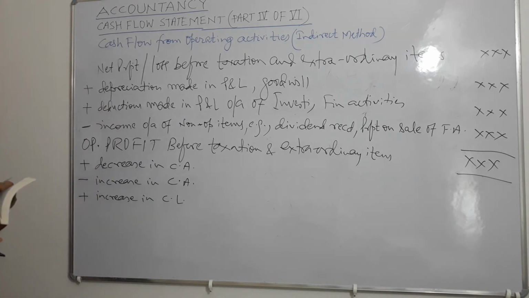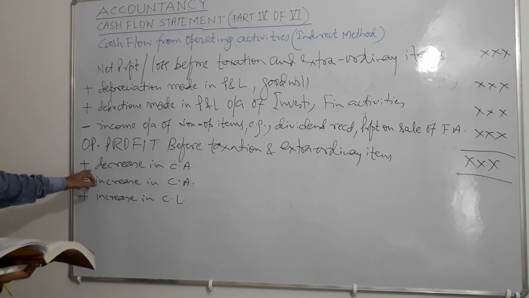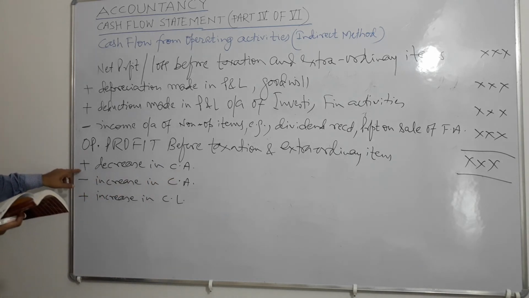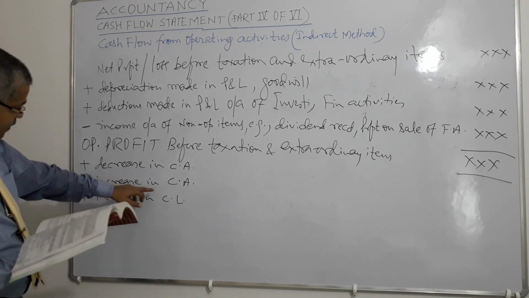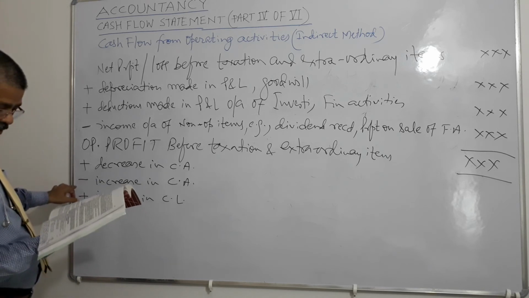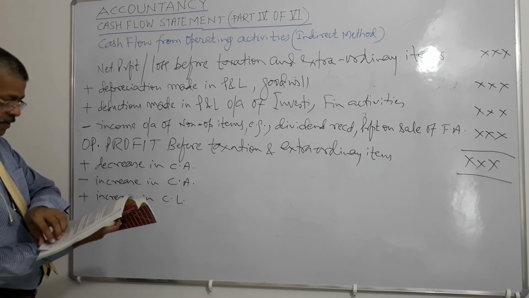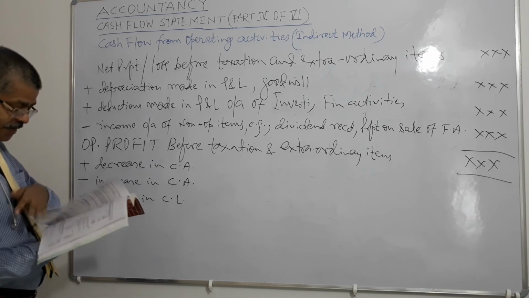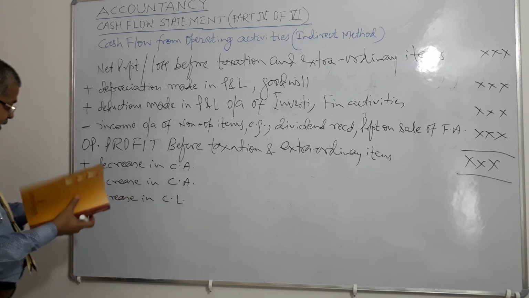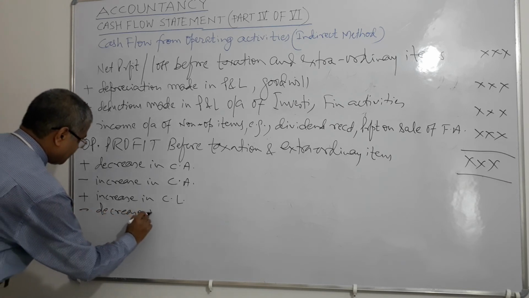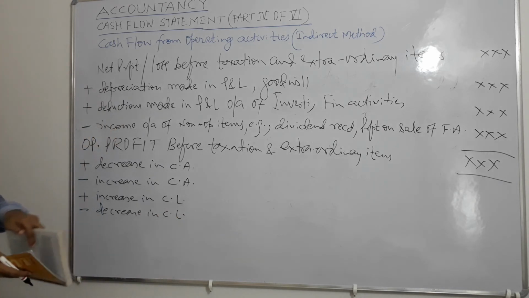If there is a decrease in current asset, it will be added. Decrease in current assets will be added, increase in current asset will be deducted, that is correct. Then increase in current liability, right? Increase in current liability will be added and decrease in current liability, right?